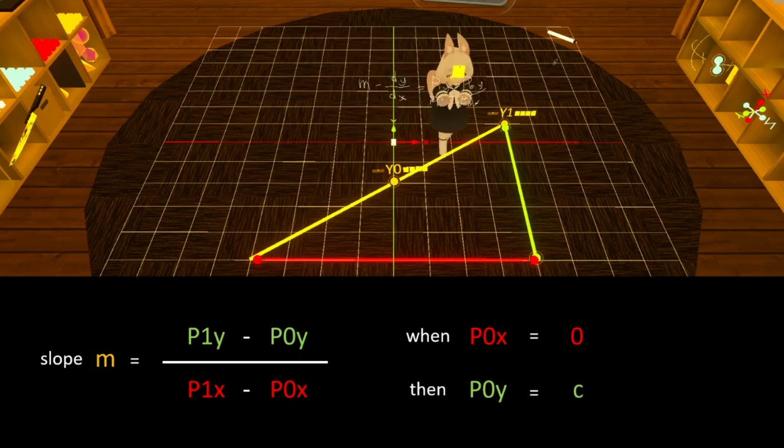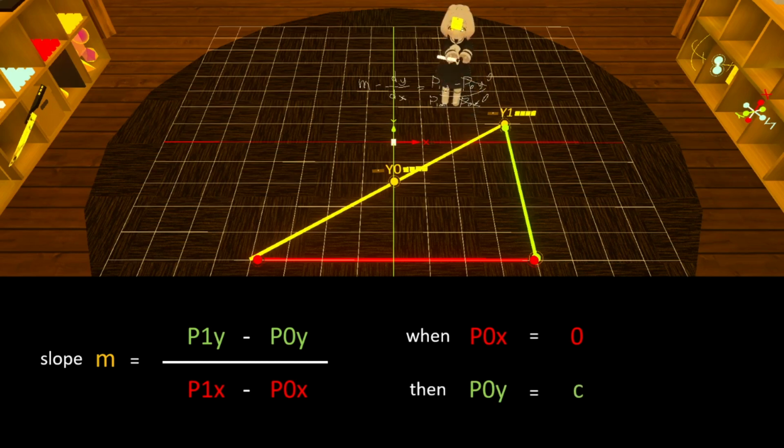So back into this slope formula over here, if p0x is 0, so we plug in 0 over there, then we know p0y is the y-intercept, and we normally call the y-intercept c.